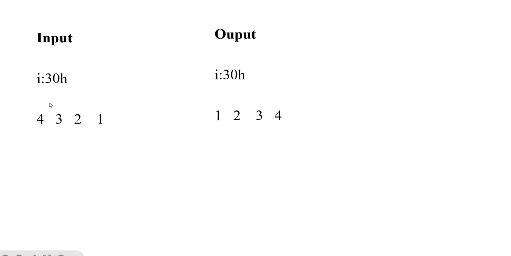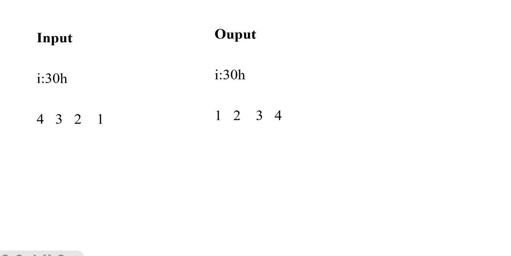I have taken 4, so I have to enter 4 numbers: 4, 3, 2, 1, and I should get the output as 1, 2, 3, 4. So here the numbers are not arranged in ascending order. After execution, at the output, sorry, here the output spelling is wrong, at the output you should get 1, 2, 3, 4.